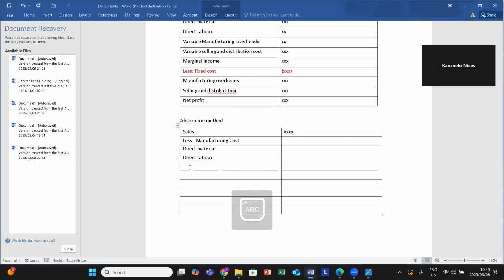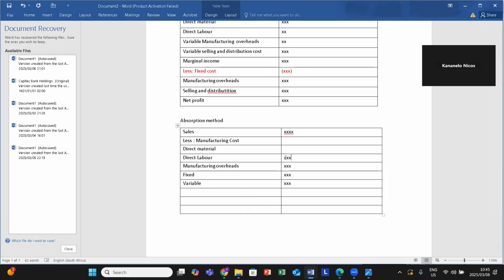Apologies, guys. Manufacturing overheads, you know that these are all of our indirect costs that relate to the production, which is what? They can either be fixed or variable.